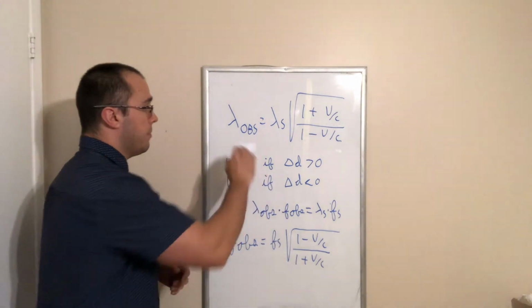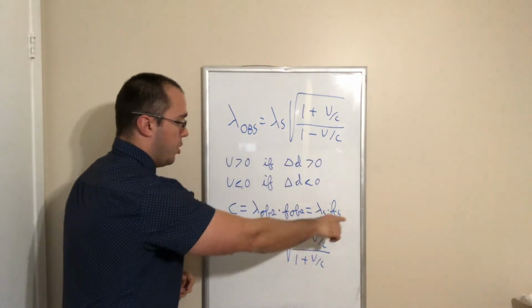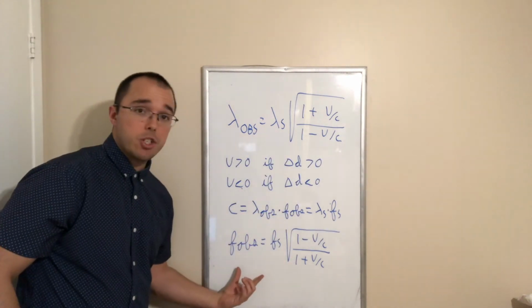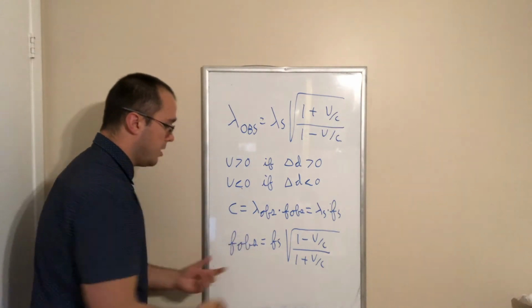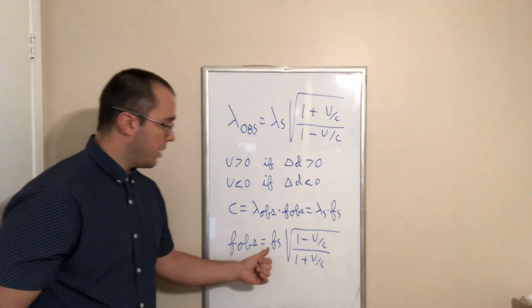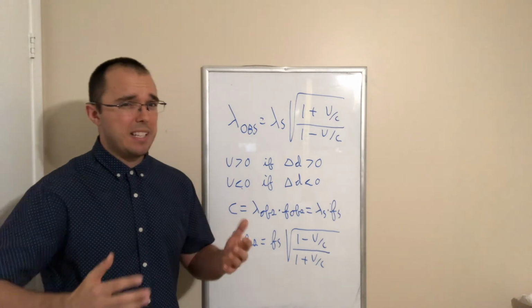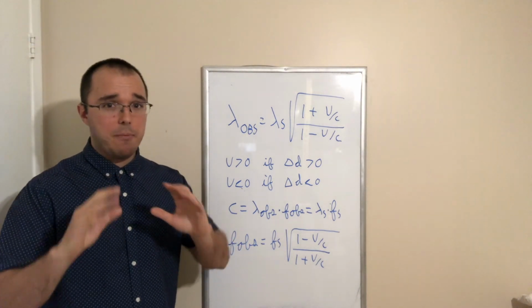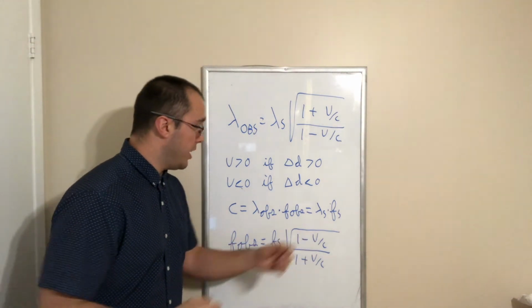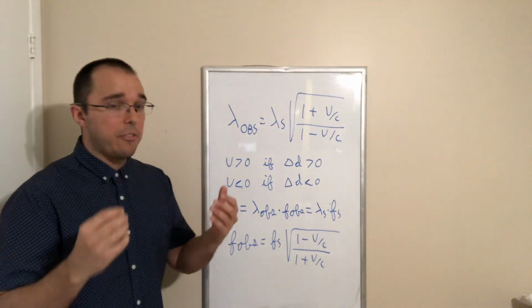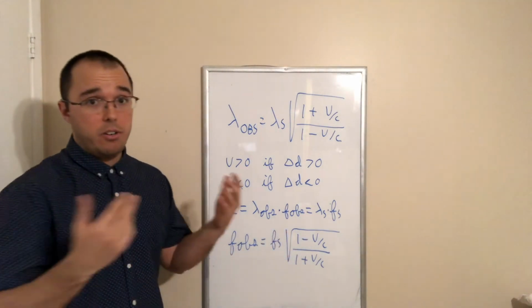If we combine the formula over here with this one, we get an expression for the frequency observed with respect to the frequency at the source. Basically, it's nearly the same formula. They use the same convention for the velocity. The only difference is the plus or minus are inverted.